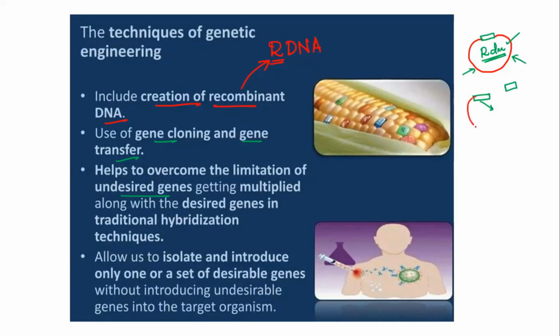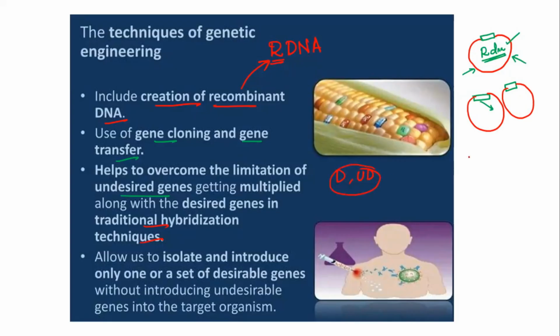We are copying the similar kind of DNA and we are transferring this DNA as well. So in the traditional hybridization technique, for example, if we have both desired and undesired DNA, there is no way that we can avoid it. Both the genes will get expressed there.